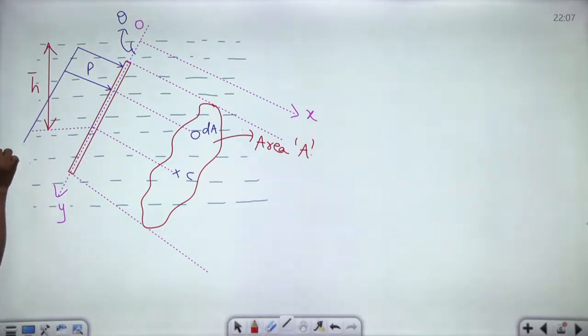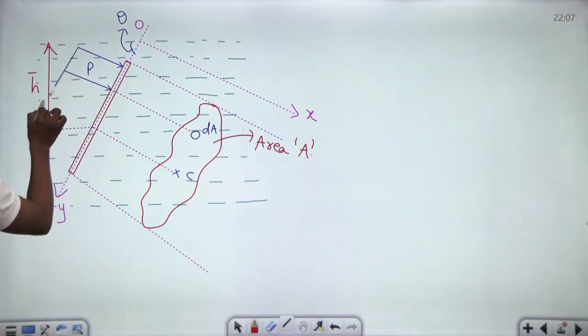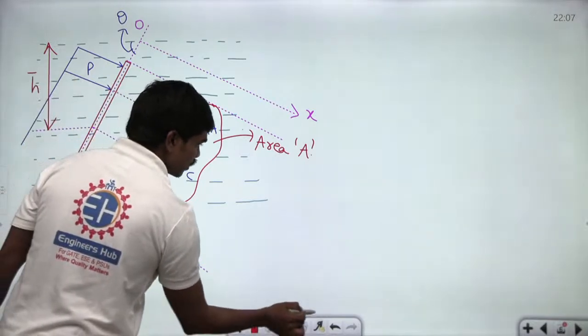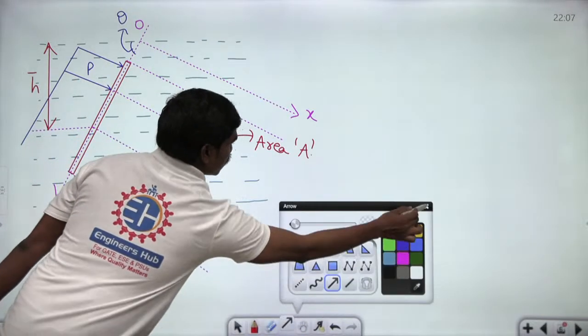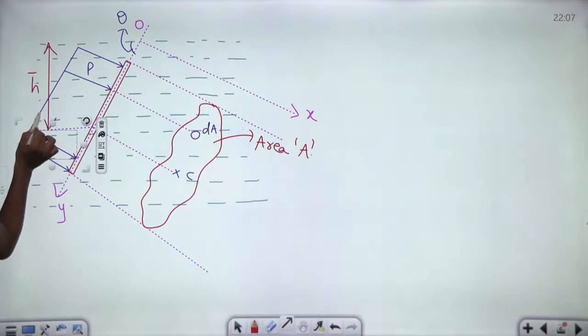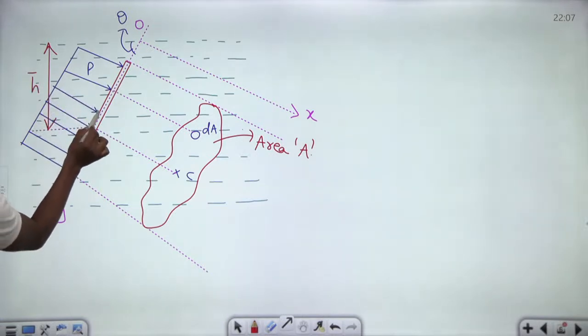Okay. I think you can find there is a slight increase in this, correct. A slight increase in this pressure. So, let us suppose then this is your pressure which is varying in this direction.